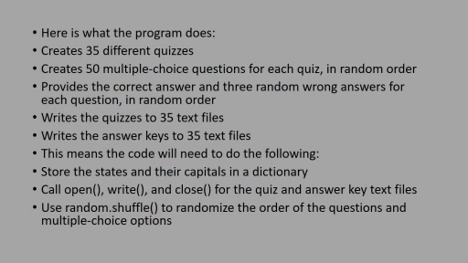The project was about creating 35 different quizzes, and each quiz will have 50 multiple choice questions, and the correct answers will be provided along with the 3 random wrong options. It's basically an MCQ, and there will be 35 text files for the quizzes and the answer keys to those 35 text files.